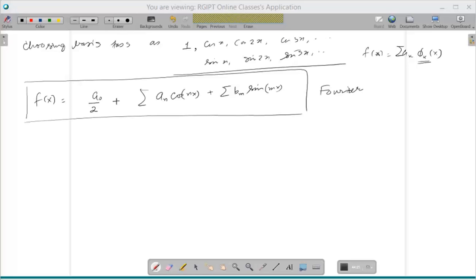Now, you may be wondering, you are restricting yourself to a very special class of function, periodic functions. How useful is that? Well, first of all, there are quite a few physical situations where you find a property to be periodic in nature.